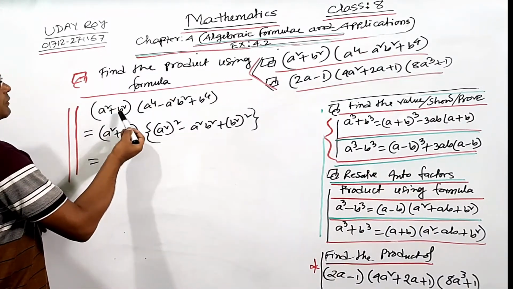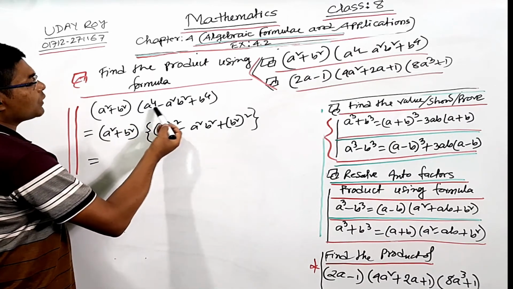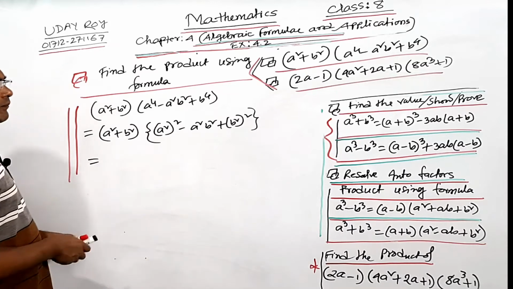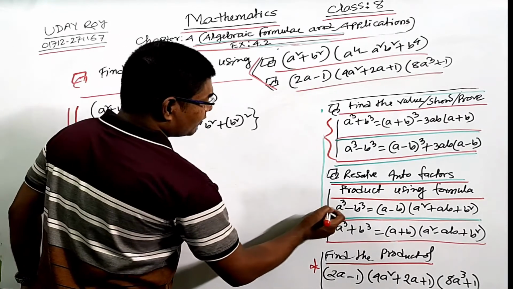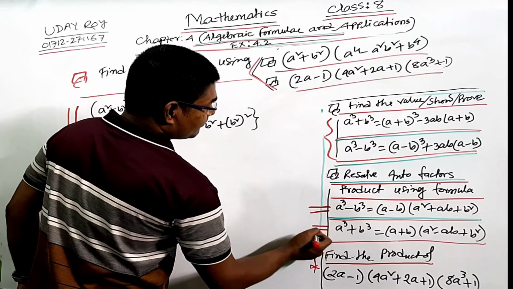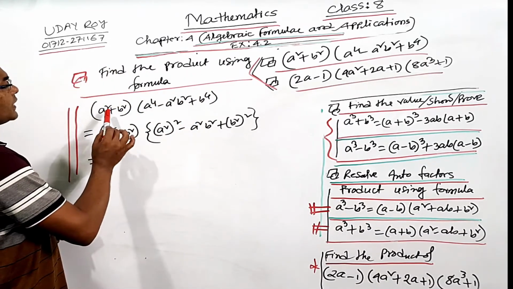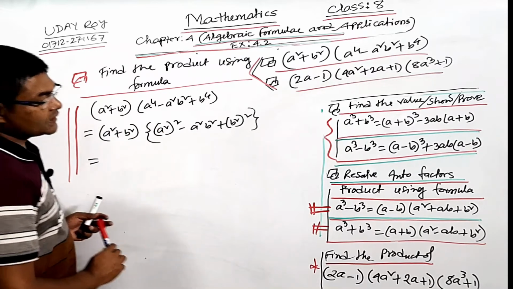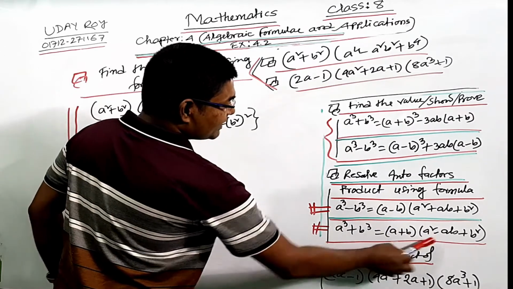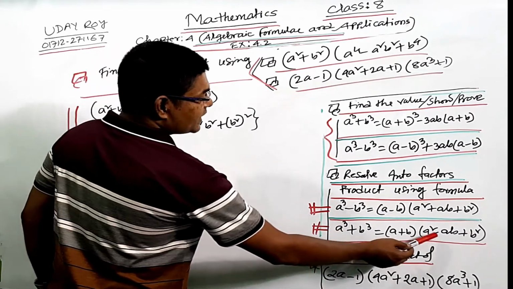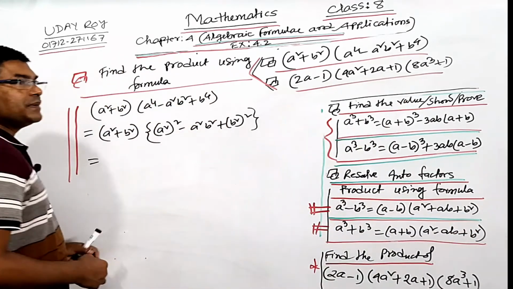Here is a square plus b square, a to the power 4, minus a square b square, plus b to the power 4. So we know the find the product rules: here is plus, here is minus, so we have to follow these rules. a cube plus b cube equals a plus b, a square minus ab plus b square.